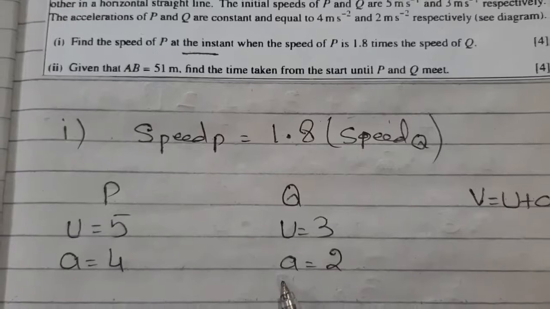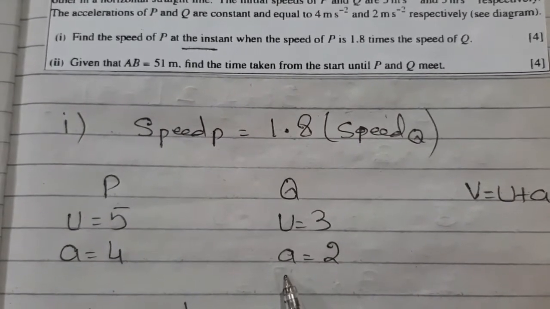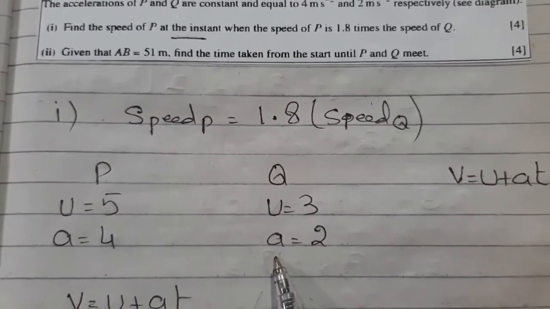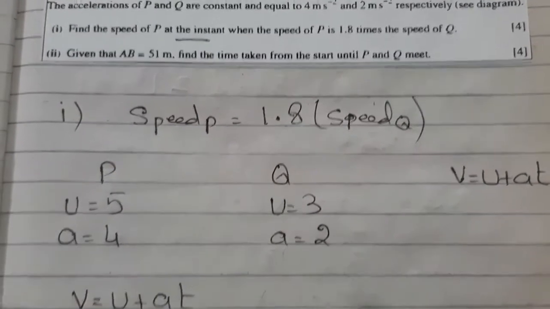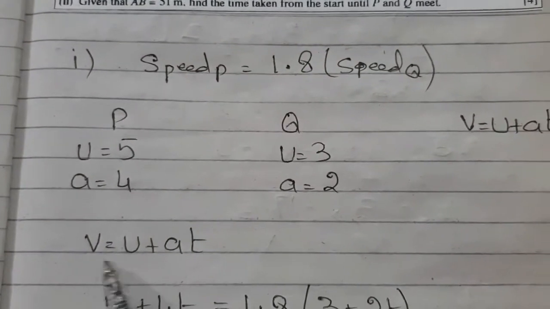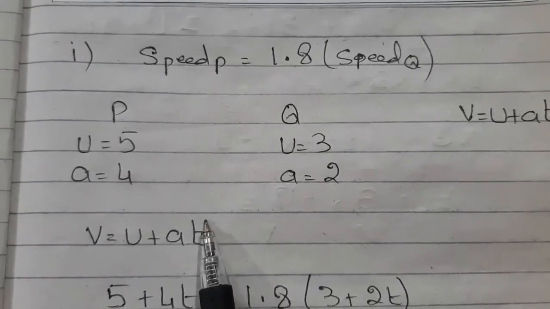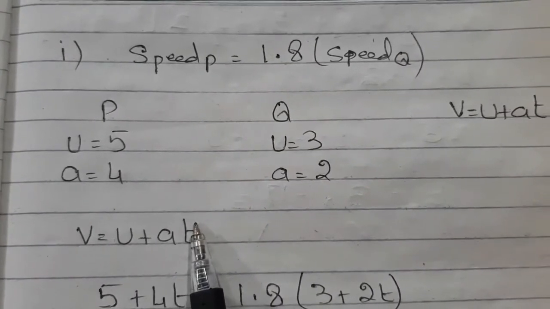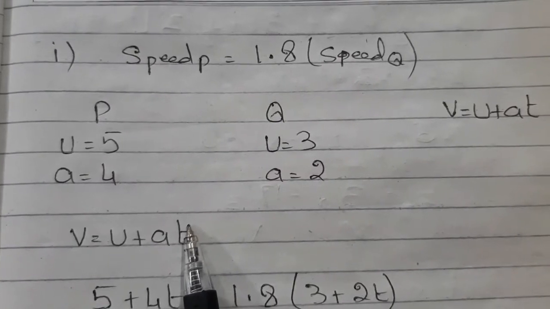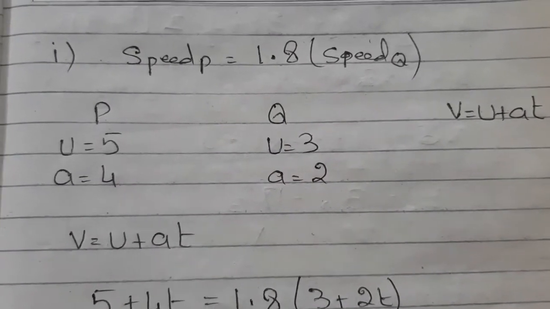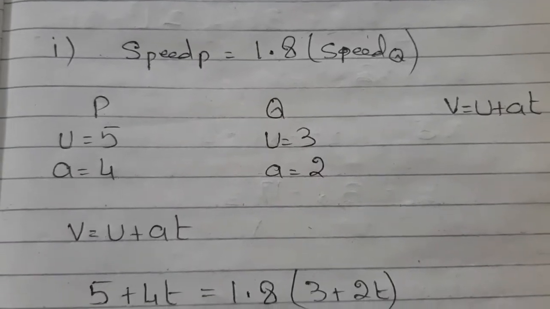Now this basic information I have found from the question. P was moving in this direction and Q was moving in this direction. It was given in the question that they were moving with acceleration, and it was constant, so I can use this equation.